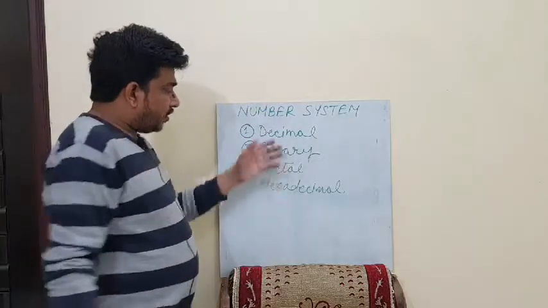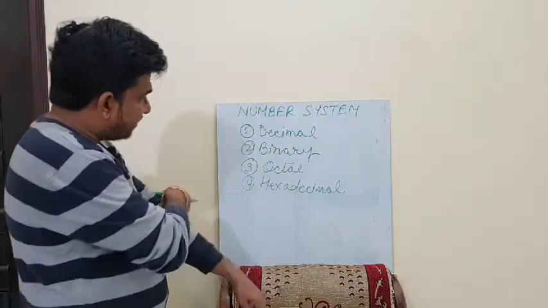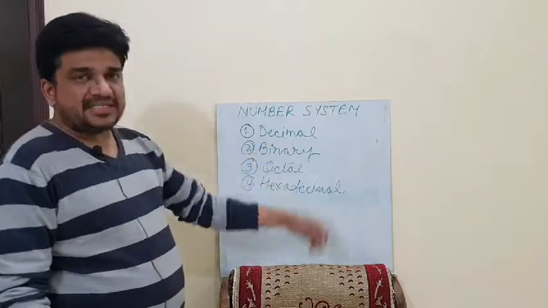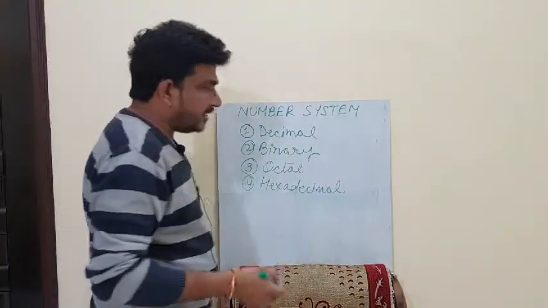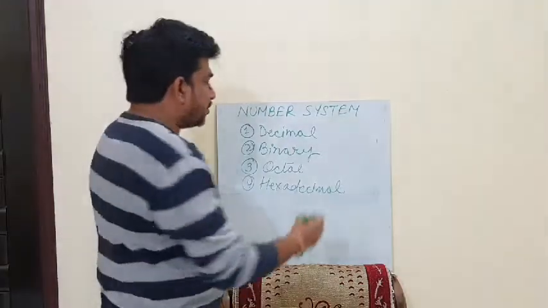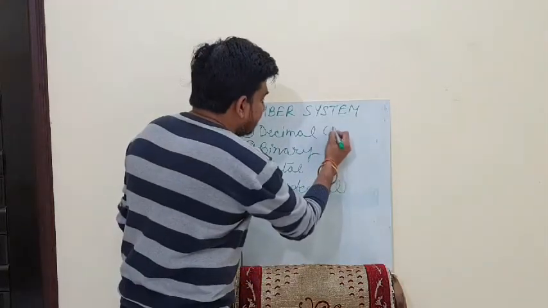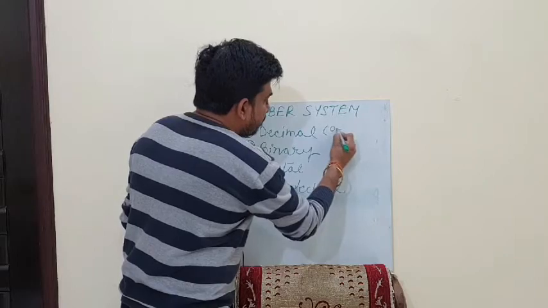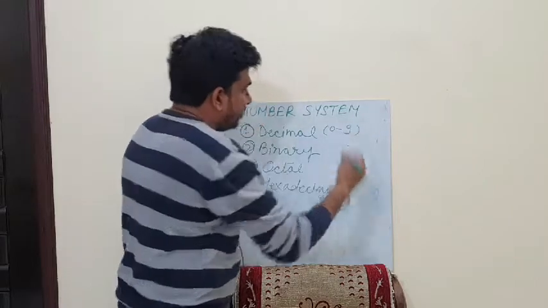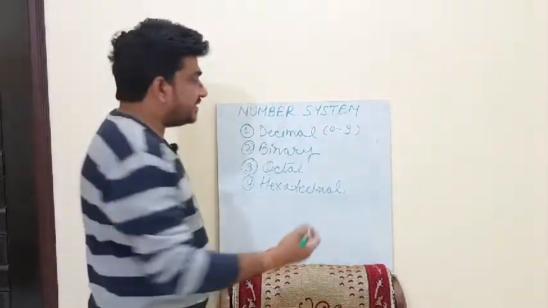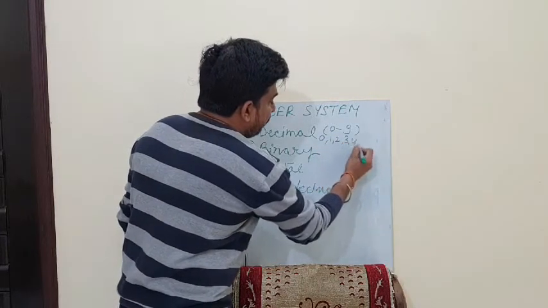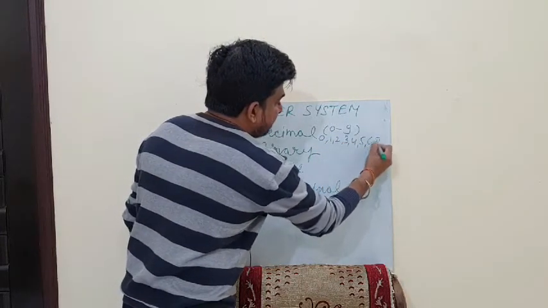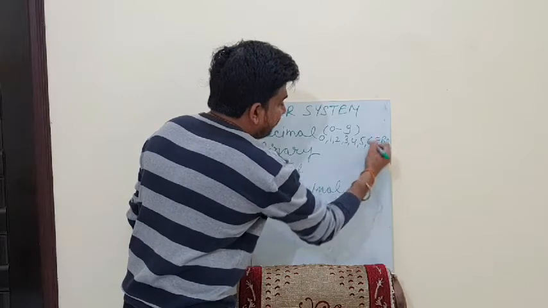Now what are these number systems? First is the decimal number system. A decimal number system is one in which we represent counting from 0 to 9. We have the variety of elements 0, 1, 2, 3, 4, 5, 6, 7, 8 and 9.